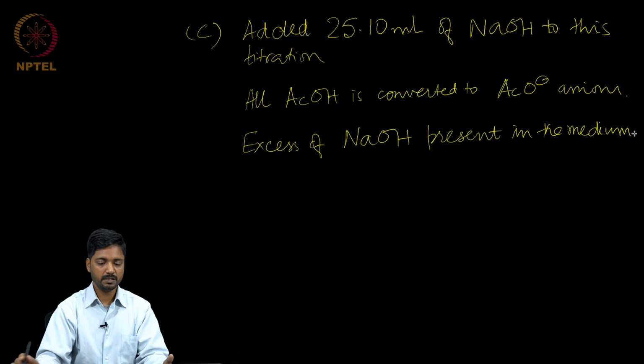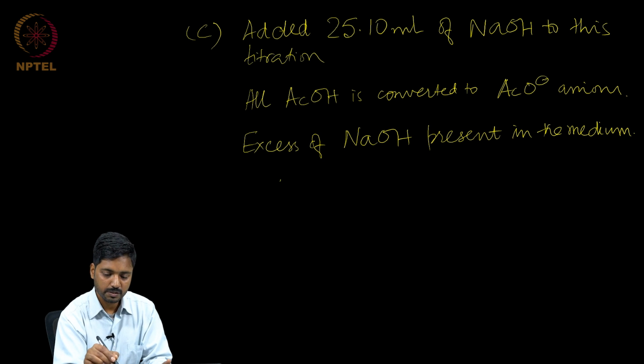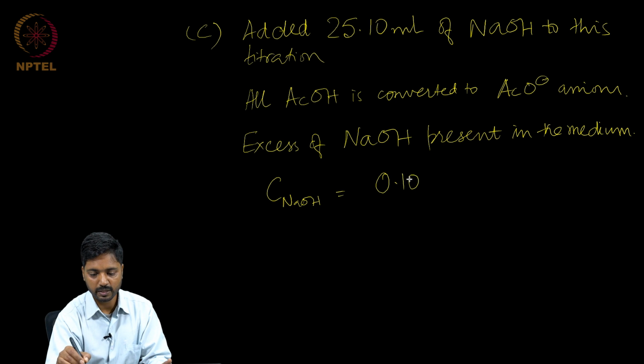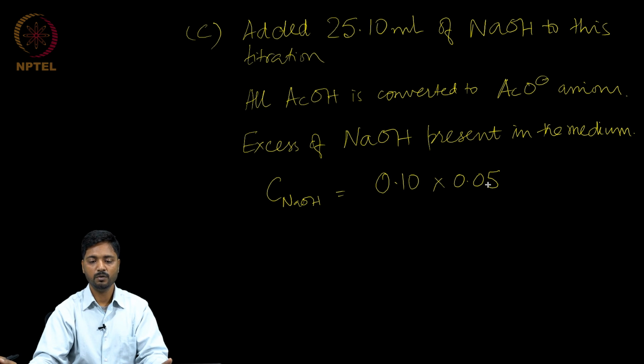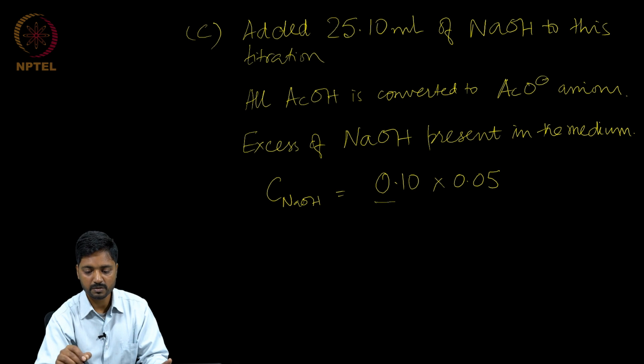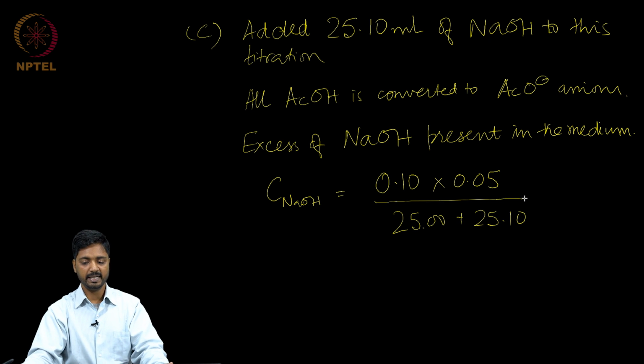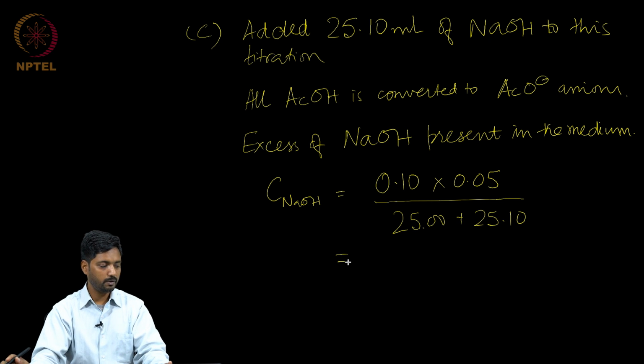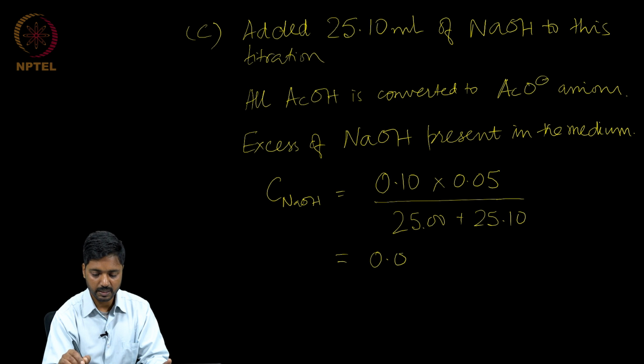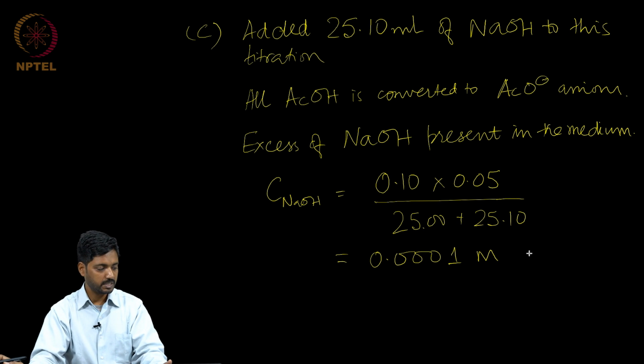Now, under these cases, the excess sodium hydroxide concentration would be nothing but 0.10 ml into 0.05 molar sodium hydroxide that has been added, divided by the total volume, which is 25.00 plus 25.10 ml that has been added, and this solves out to be almost equivalent to 0.0001 molar NaOH which is present.